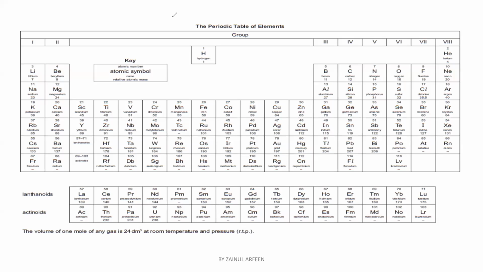So first thing, the elements are arranged on the basis of atomic number, or we can also say proton number. In a periodic table, what is the arrangement of the elements?